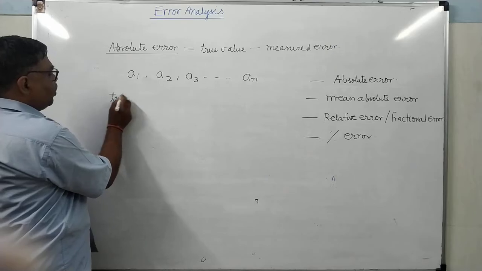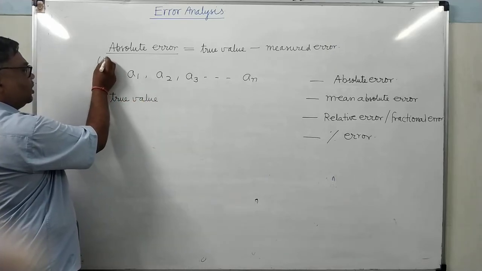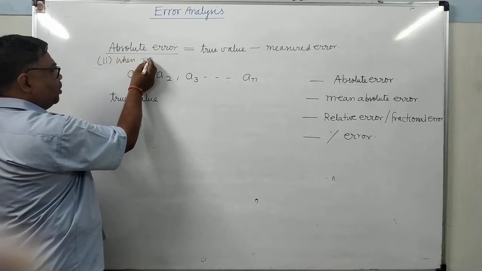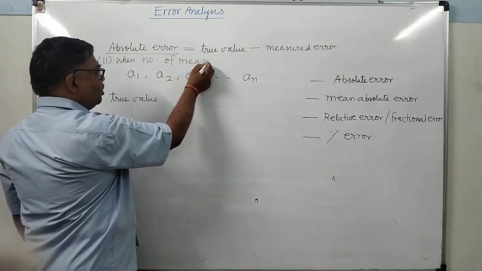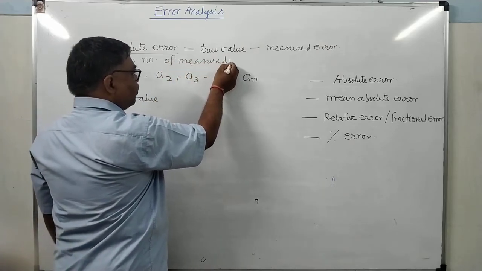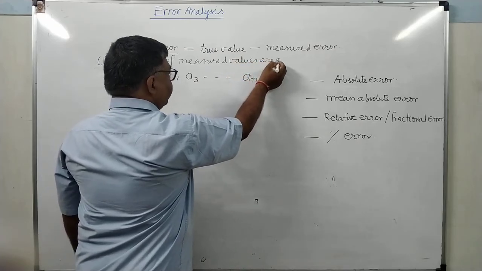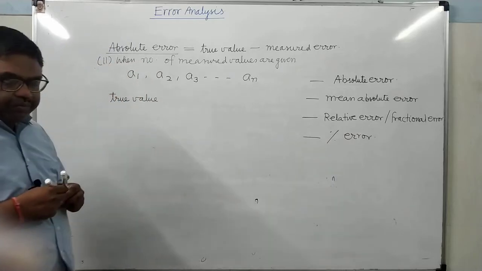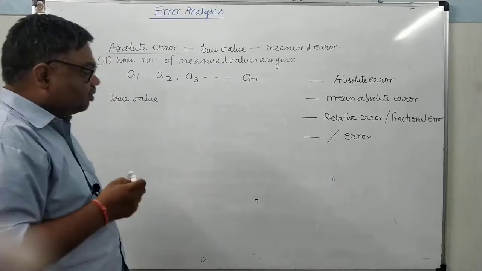Here, in the second case, when a number of measured values are given, the true value will be equal to the arithmetic mean of all these observations.